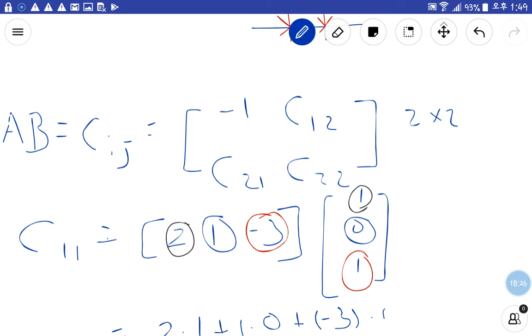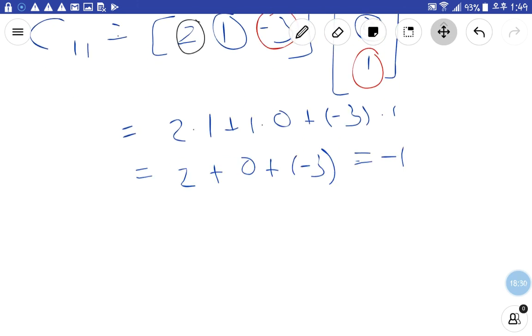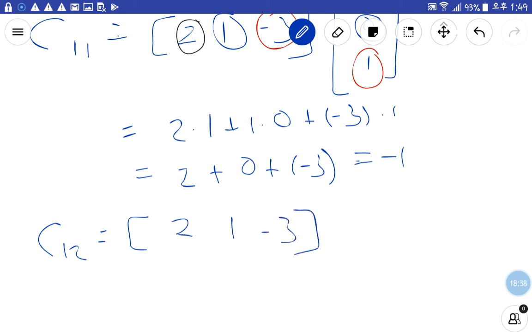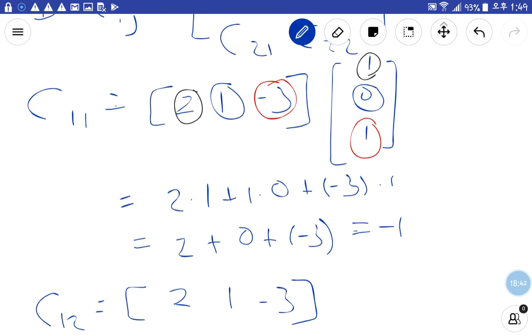Then you are going to find all of them. So my second, C12, would still be using my first row of A, but this time we're going to multiply with what? My second column of B, which is negative 4, 2, 0.